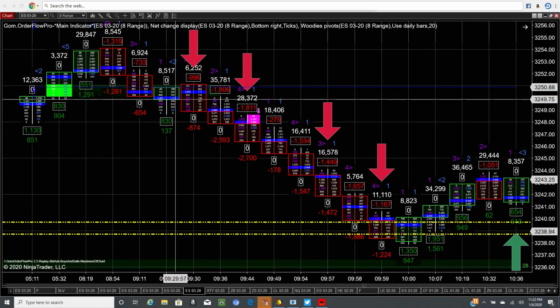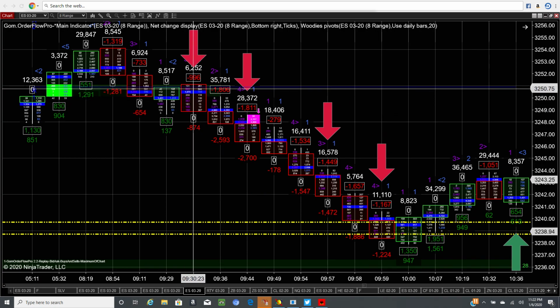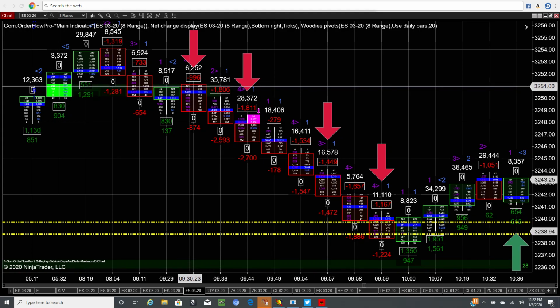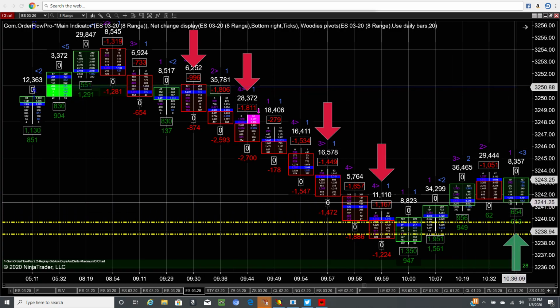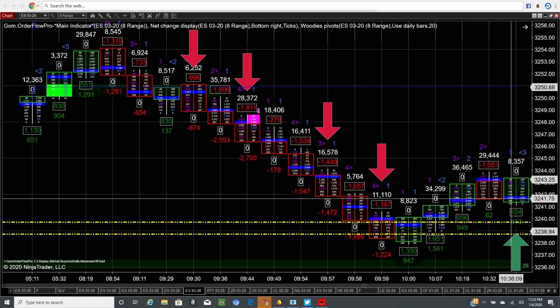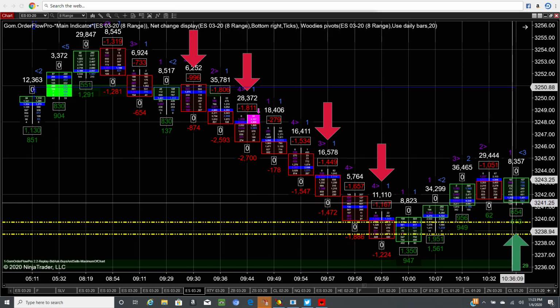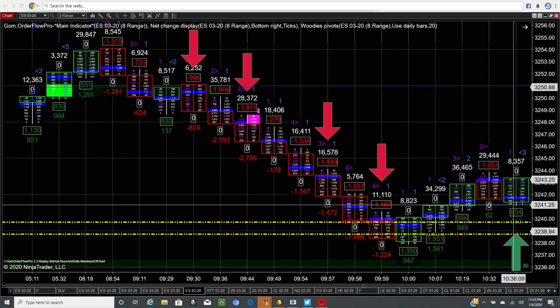For sell signals, you want the point of control to be either here, position 3, here, position 2, here, position 1. Somewhere within the first 3 off the high. For a buy signal, you want the point of control to be within 3 ticks of the low of that candle.